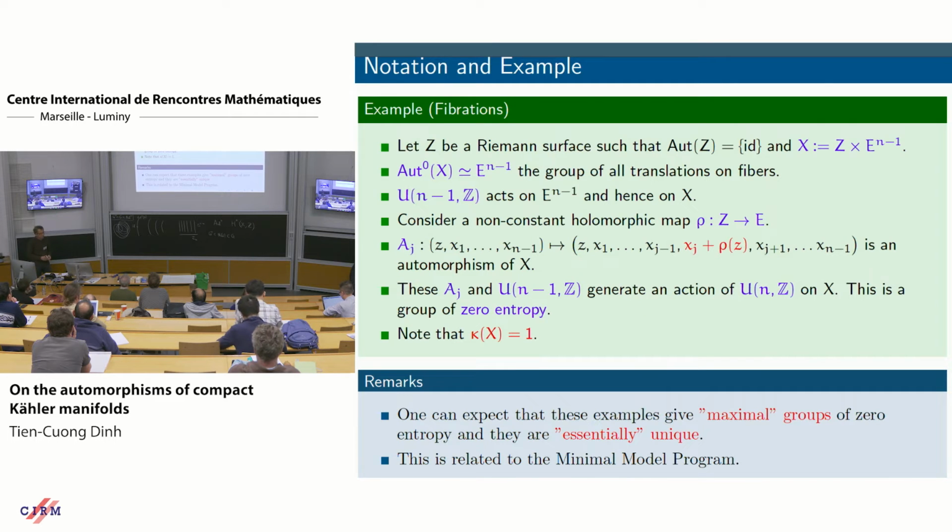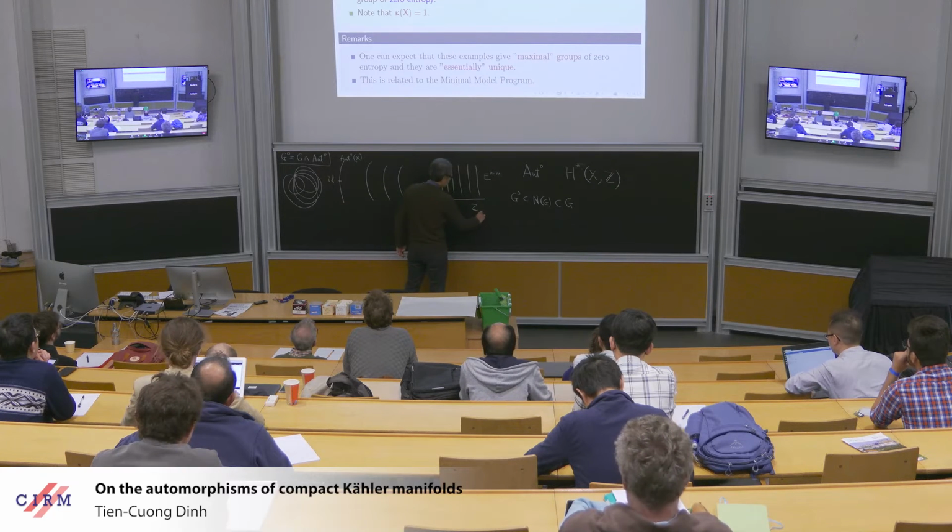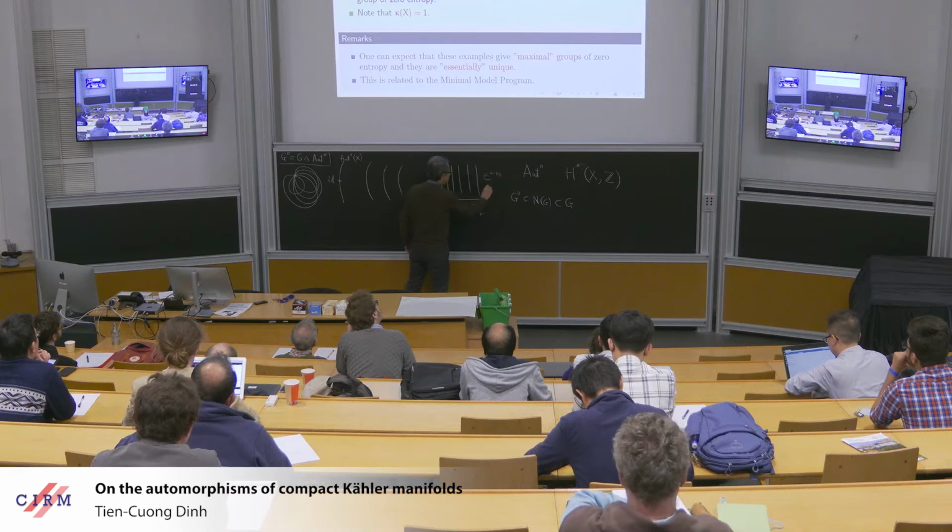The second example is the example of fibration that I considered before. But now I assume that Z is of dimension 1, so it's a Riemann surface. And here you have E^(n-1).